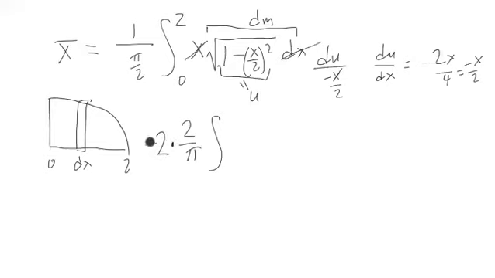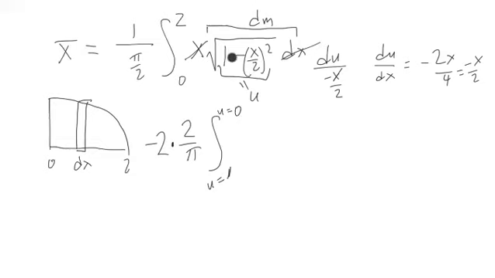Now the negative will be taken care of because of how things will happen in the bounds. See, when x is 0, u is 1. When x is 2, then u will be 0.